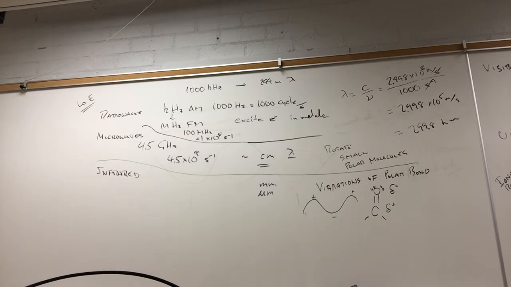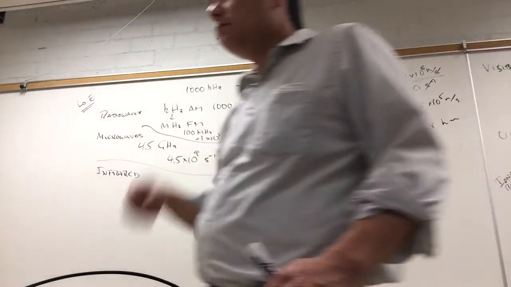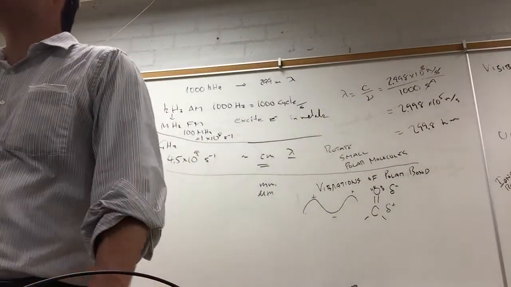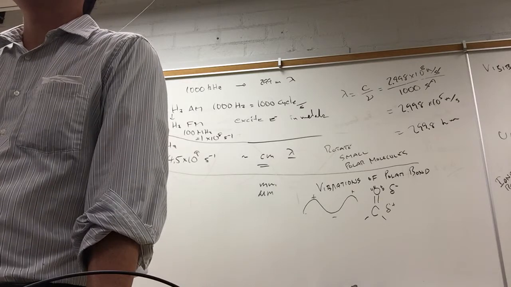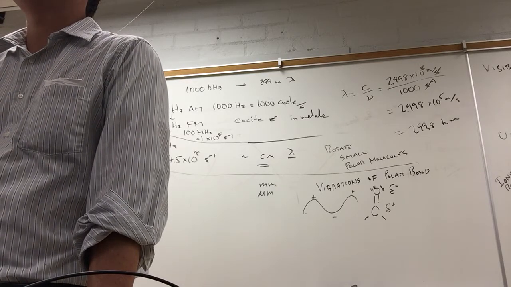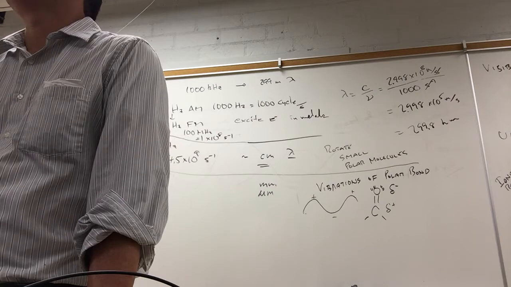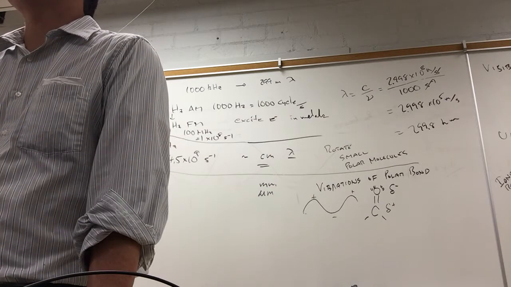How short? Well, X-rays have wavelengths around an angstrom. Have you heard the term angstrom? An angstrom is 10 to the minus 10 meters. Why is that important? You should know what an angstrom is because you should know about how big atoms are.